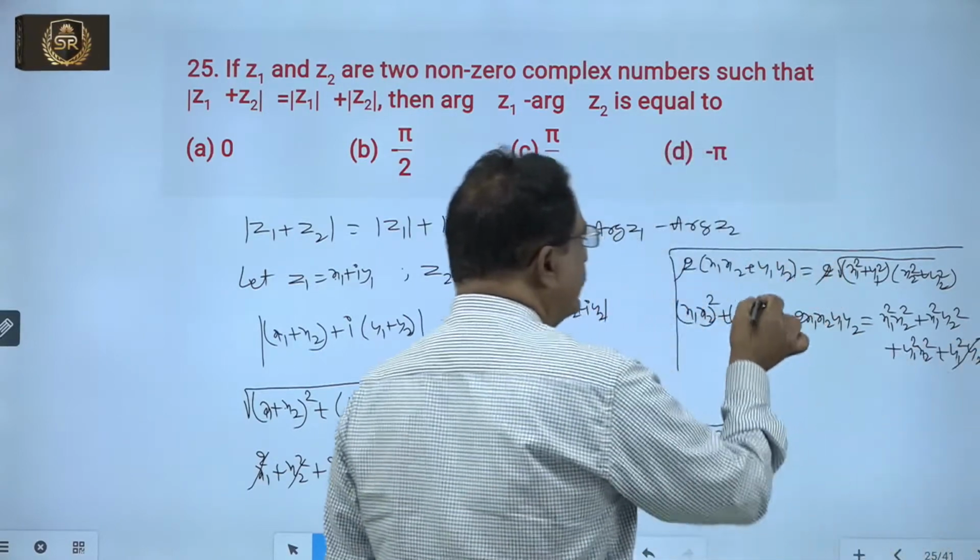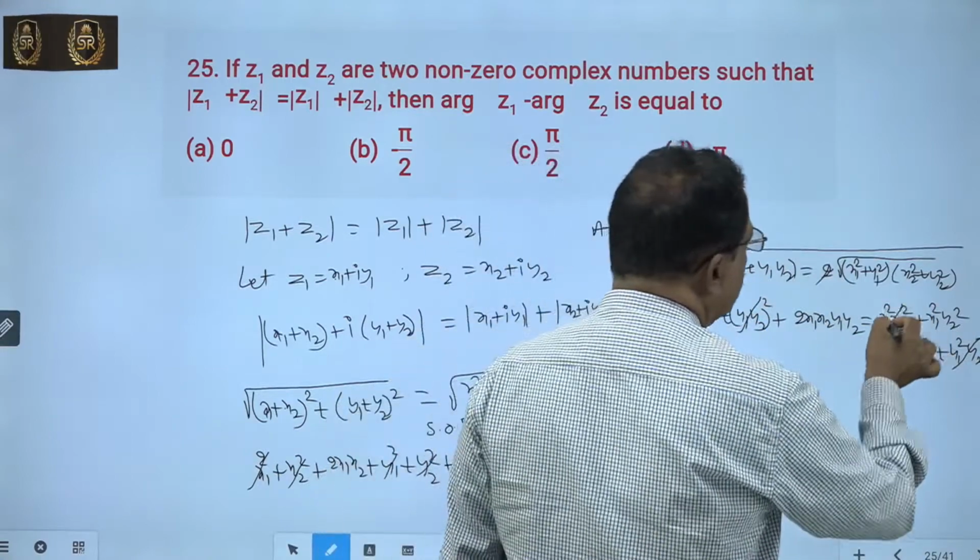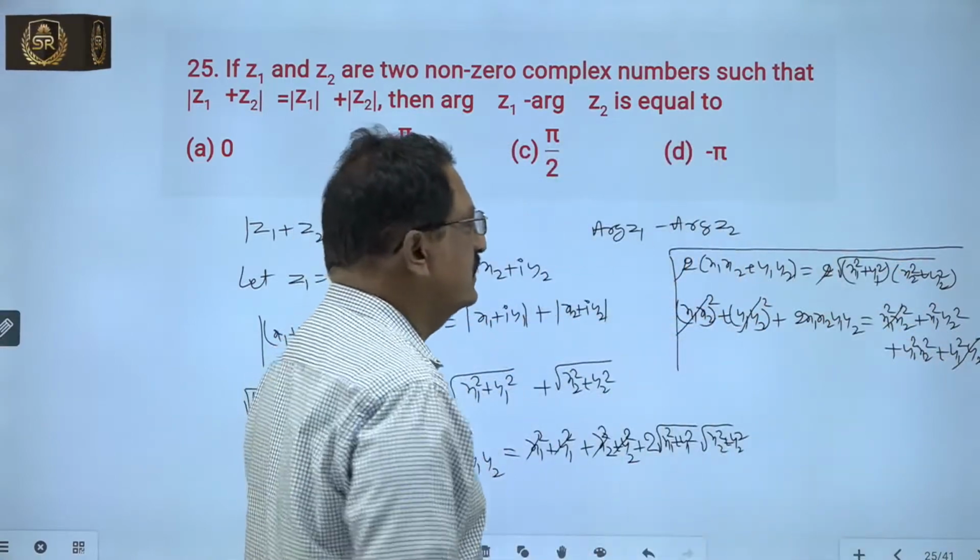Now y1 square y2 square and x1 square x2 square also cancel.